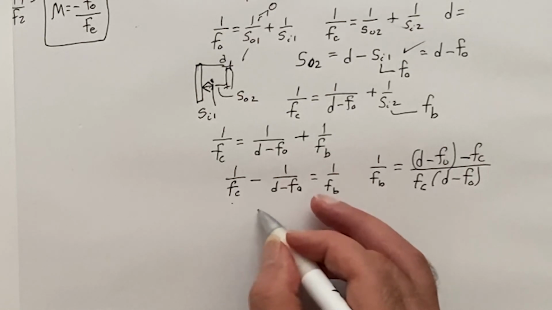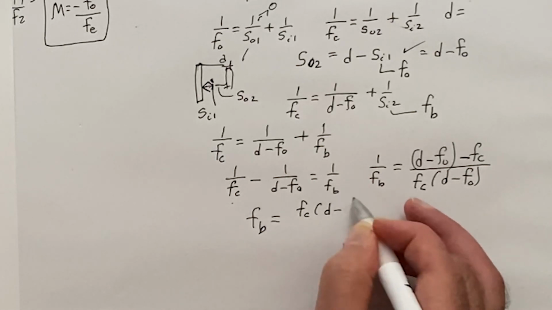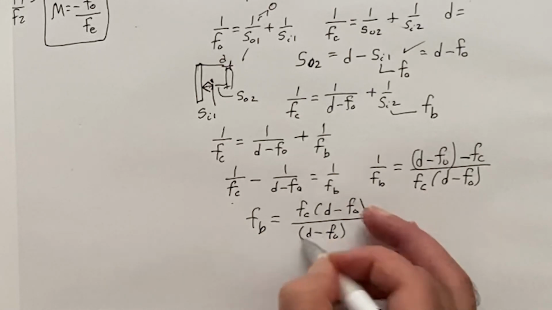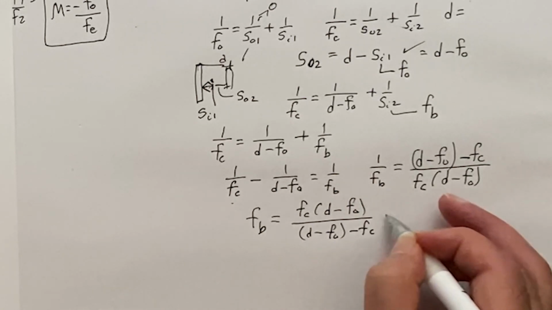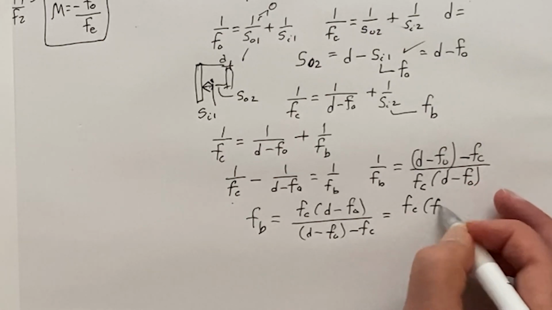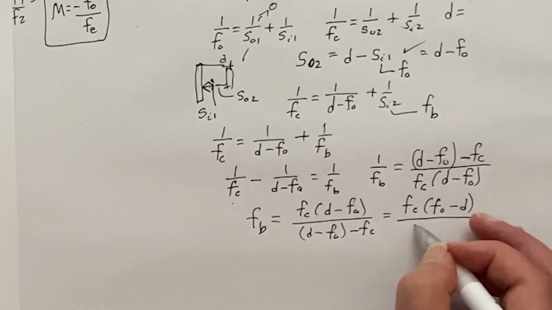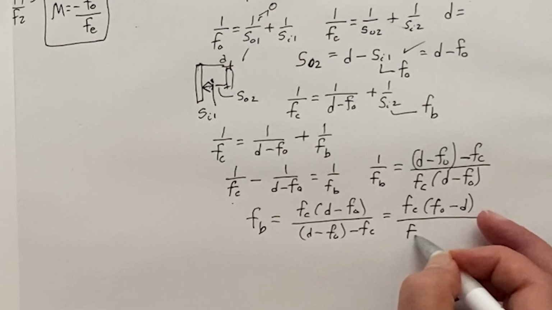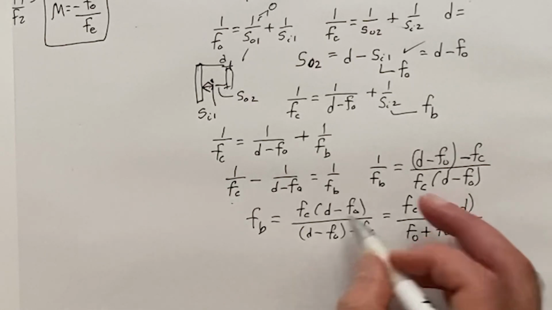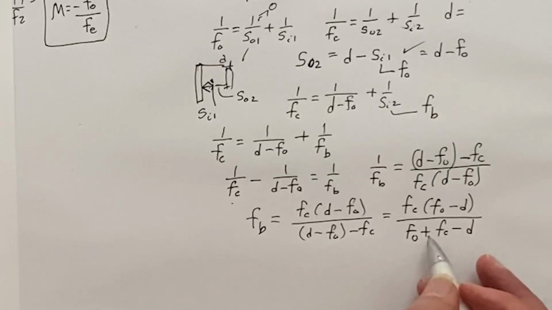So that means if we flip it, the back focal length would be FC times D minus FO, we're just flipping it, over D minus FO minus FC. I'm going to multiply top and bottom by a minus sign since I know that FO is big. And then this becomes FO plus FC minus D by multiplying by the minus sign. This flips, and then the D gets the minus sign and the F's are positive.